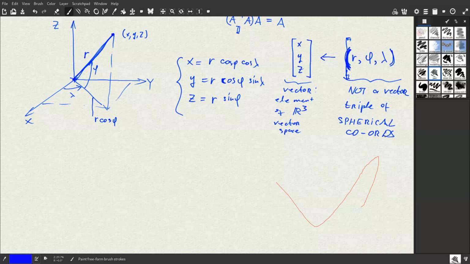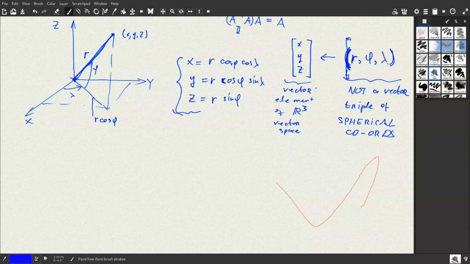And spherical coordinates are very convenient to use when we really move at the surface of a sphere, for example, at the Earth's surface. In that case, r is constant. If we move along the surface of the Earth, then in our Cartesian coordinates, x, y, z, all three of them are moving.